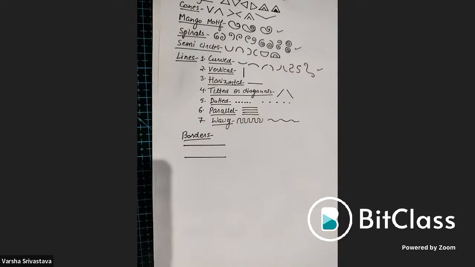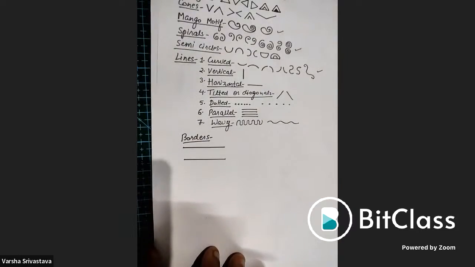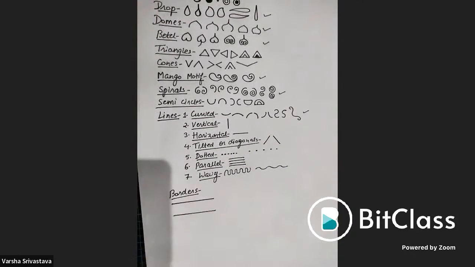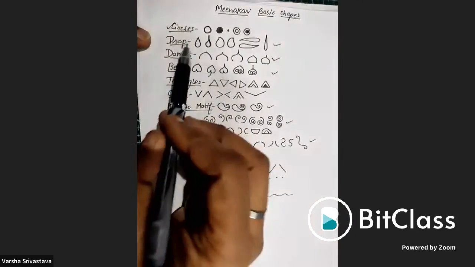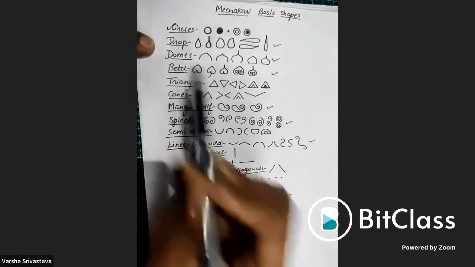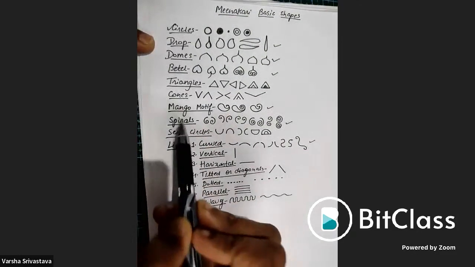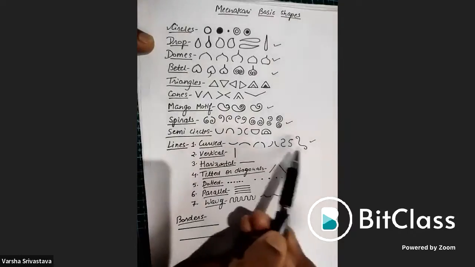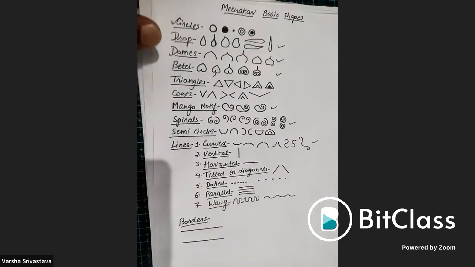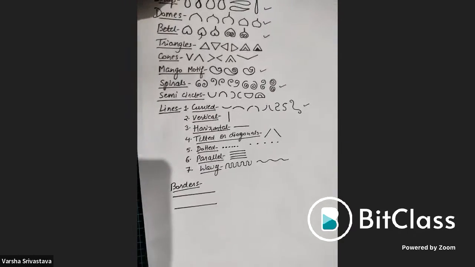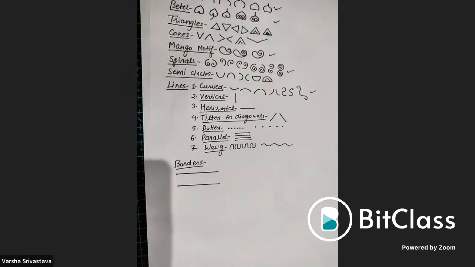And the basic shapes which are very important are drop shape, dome, beetle, mango motif, spirals, and curved ones. There are 6 in all, Maheshwari. All right. I hope I have answered everybody's questions.